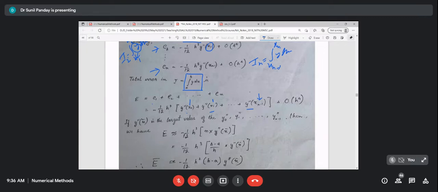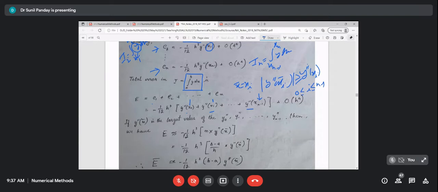Suppose it is maximum for xi, so I say x bar is my xi, and now y double dash of xi is greater, in the absolute sense, than y double dash of xi when i ranges from 0 to n minus 1.